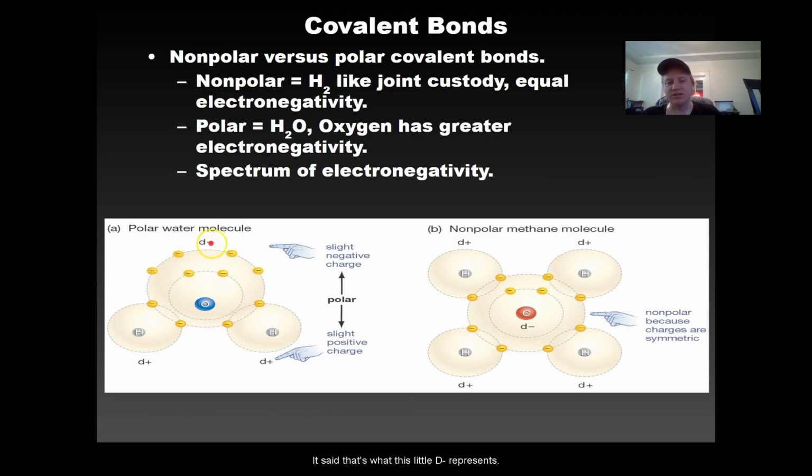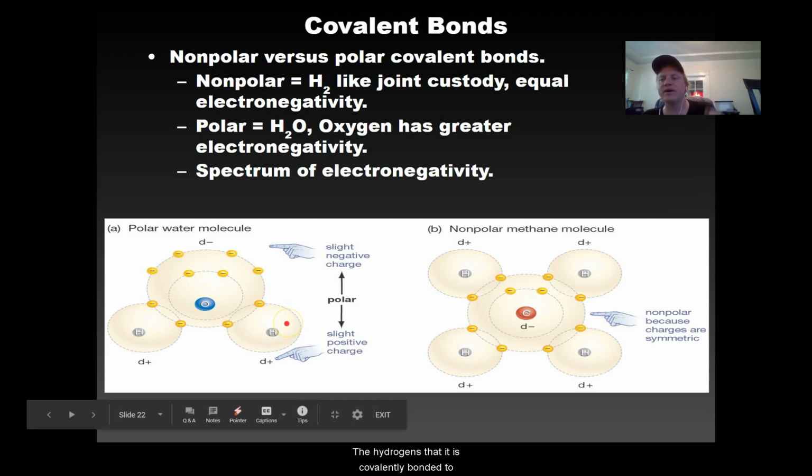And so that's what this little D minus represents up here. This little D minus represents a region of electronegativity. Because the oxygen, again, let's go through the logic here. Oxygen is more electronegative than hydrogen. Oxygen wants to pull those negatively charged electrons toward itself. The result of that is you wind up with an oxygen that is more negative than the hydrogens that it is covalently bonded to.